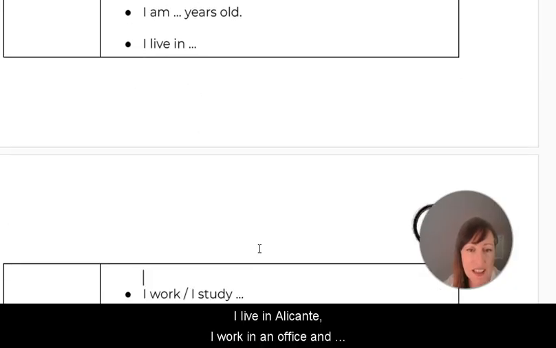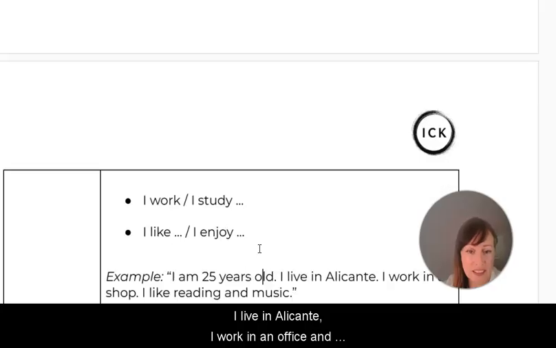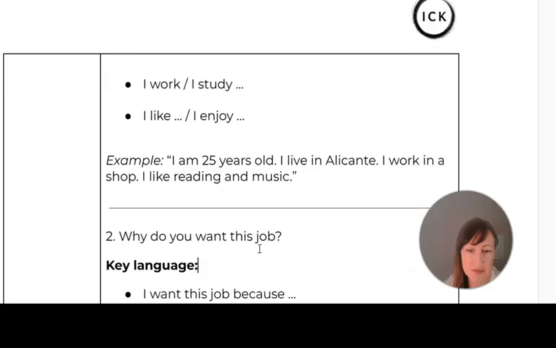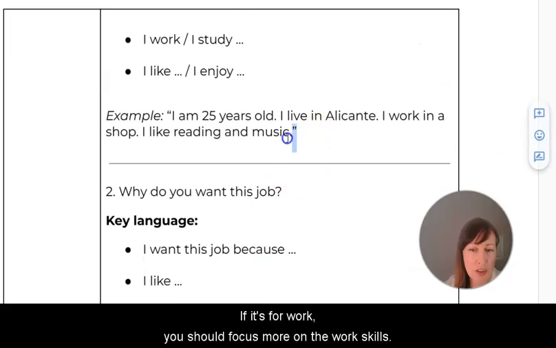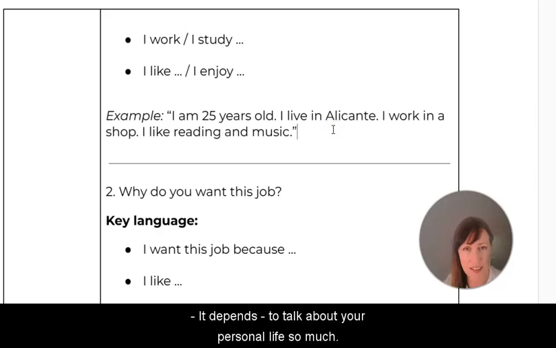I live in Alicante. I work in an office, and something you like. If it's for work, you should focus more on the work skills. It's not necessary, it depends, to talk about your personal life so much.